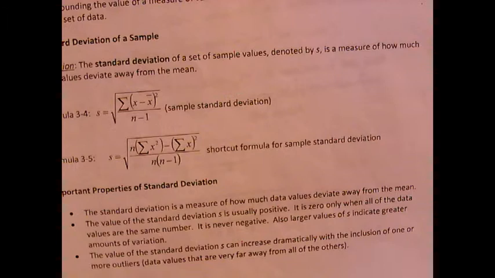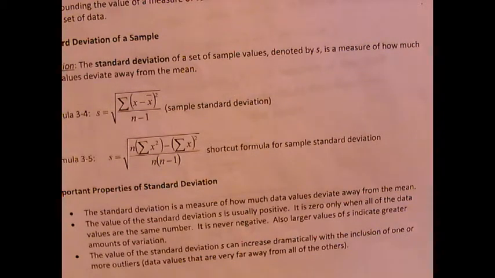If all your data values are exactly the same, then the standard deviation is automatically zero, because there is no deviation from the mean. Your standard deviation will never be negative. Also, larger values of s indicate greater amounts of variation. So if your standard deviation is large, then the variation is greater.